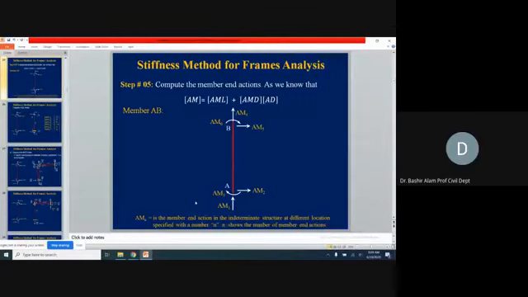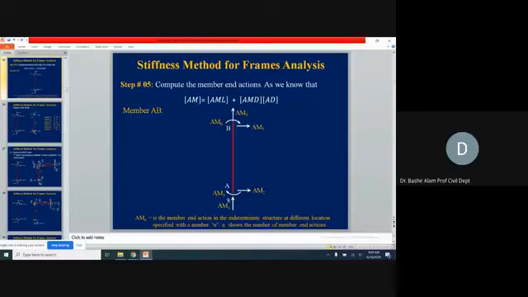Then I designate a starting end, and then I start labeling: upward, followed by rightward, followed by the moment. Then I go to the far end, again upward, rightward, and the moment, which is clockwise.